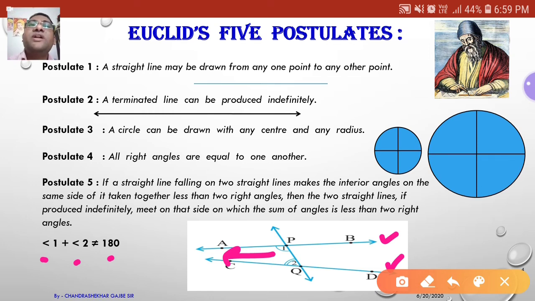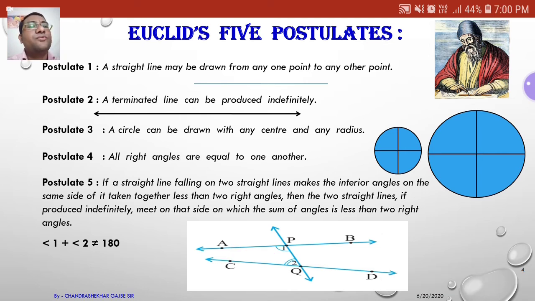We can prove the concept of parallel lines using postulate number 5, because when the sum of interior angles on the same side is equal to 180, then the lines AB and CD will be parallel to each other.